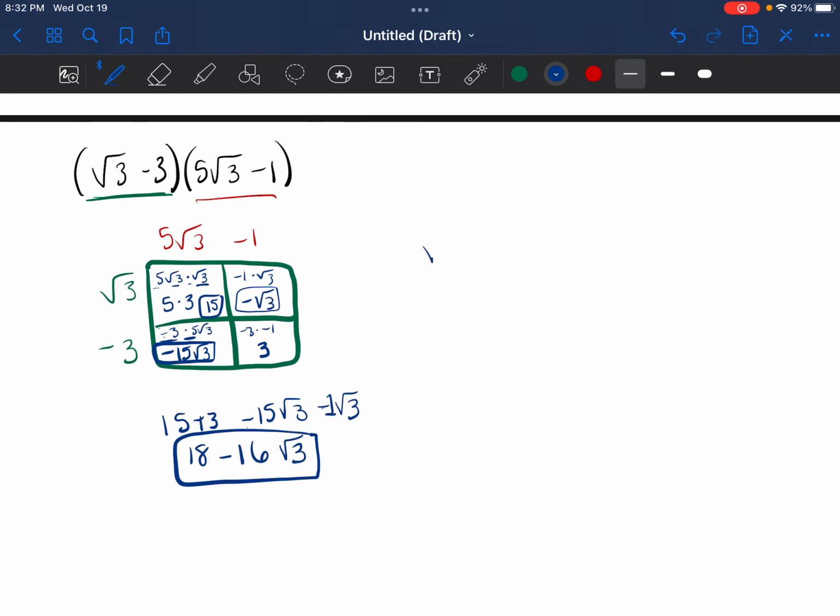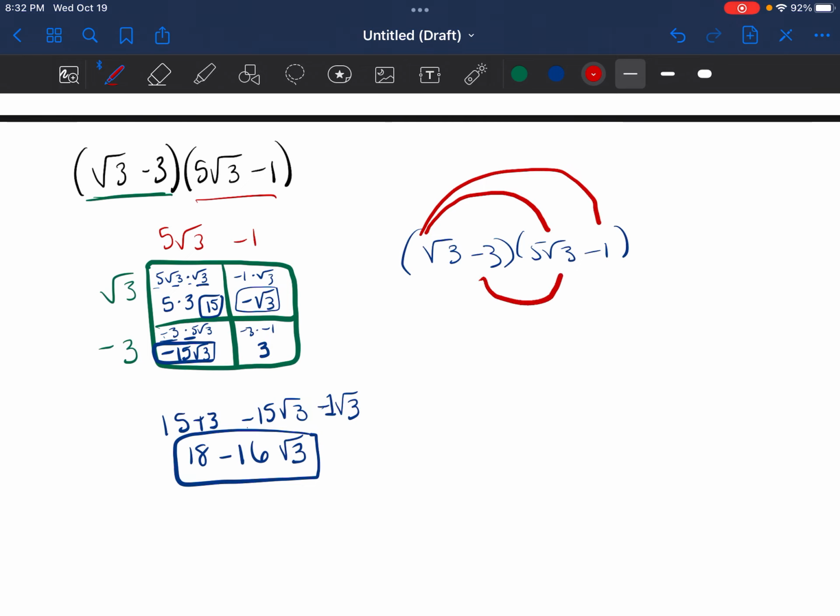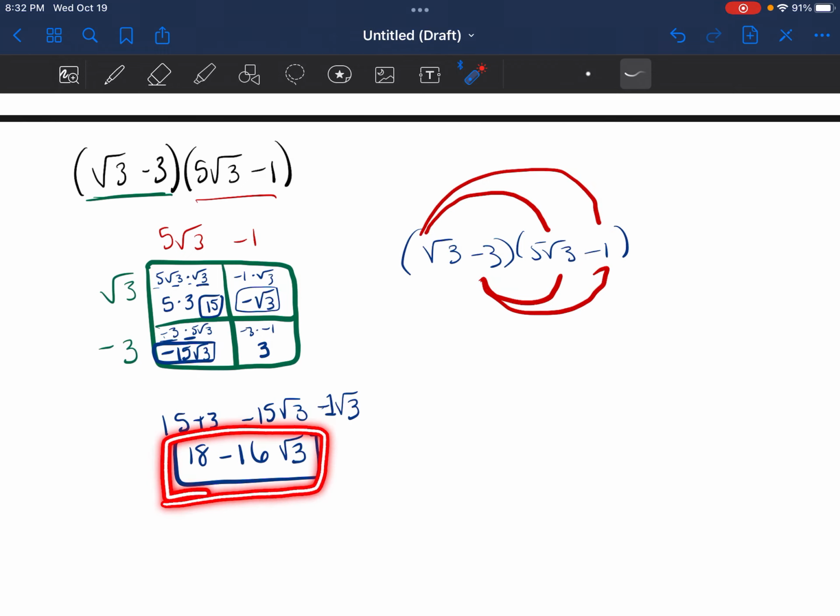I could do the same thing with distribution, where I would do square root of 3 times 5 root 3, the square root of 3 times negative 1, negative 3 times 5 root 3, and negative 3 times negative 1. You'll see I did all of that work here. It's just a different way of organizing it, but you'll still get to that same final answer.